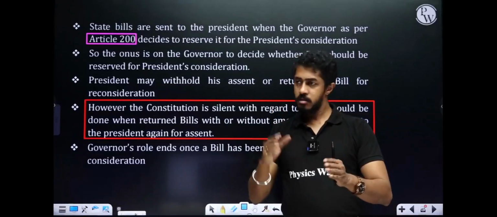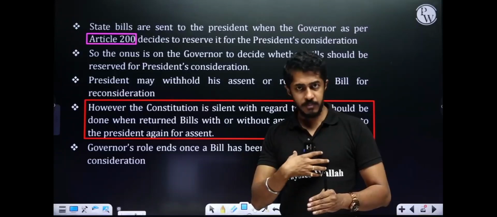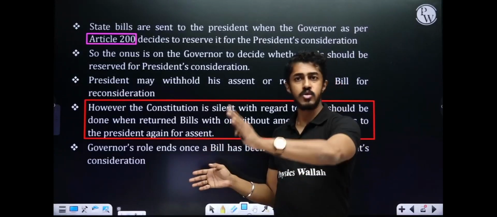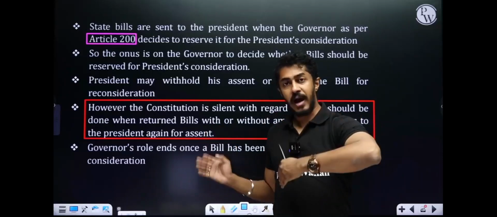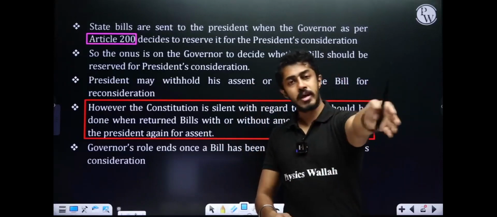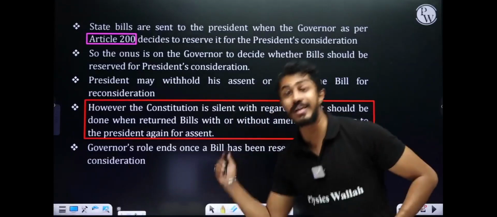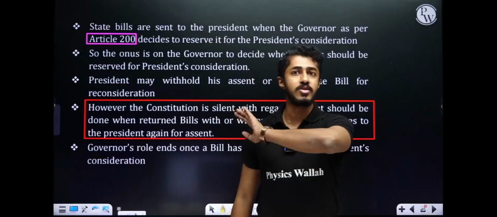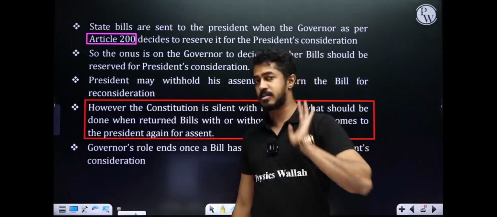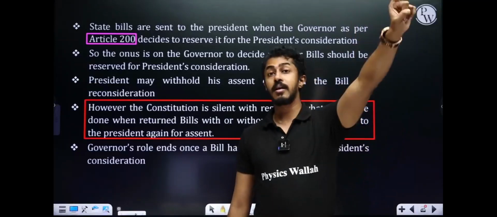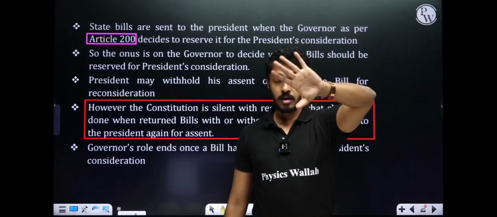Normally how it is, I am the President, I am the Prime Minister, Council of Ministers are there, Suganya is the President. If I give a bill to Suganya, Suganya returns it. With or without changes, if I send it back to Suganya again, Suganya has no choice other than giving her assent at the central level. Correct?